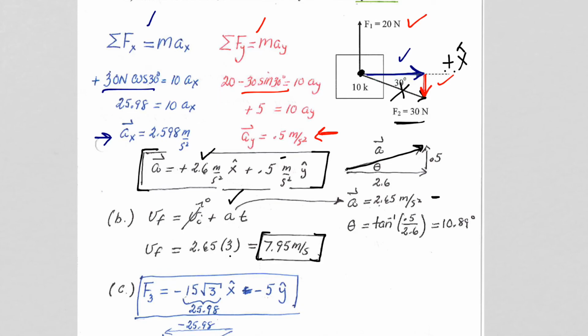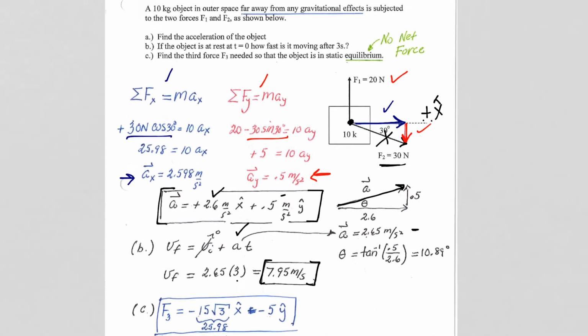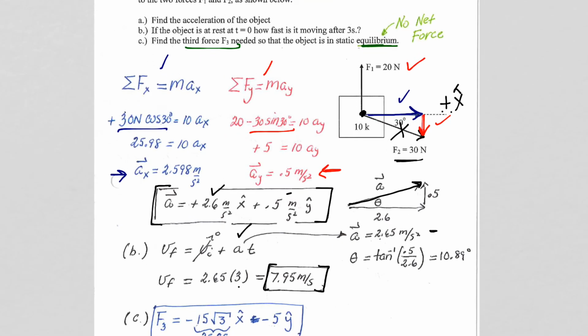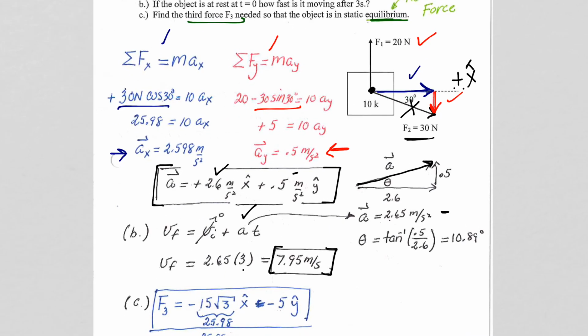Now, in the last part of this problem, what we're being asked for is to find a third force that would equilibrate the system or make it such that there's no net force in either the x and y direction. And basically what we are going to do is use F equals ma to figure out what forces are in place initially, and then make whatever forces we have to make to balance them out.